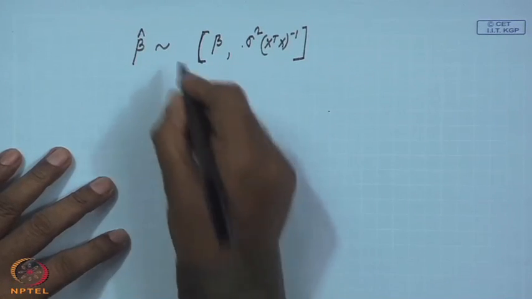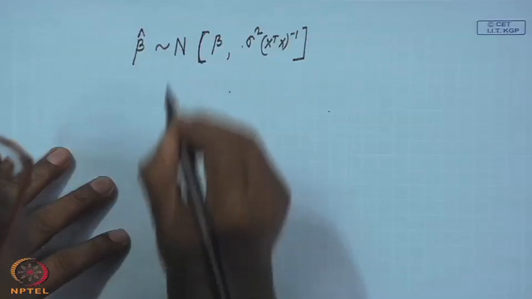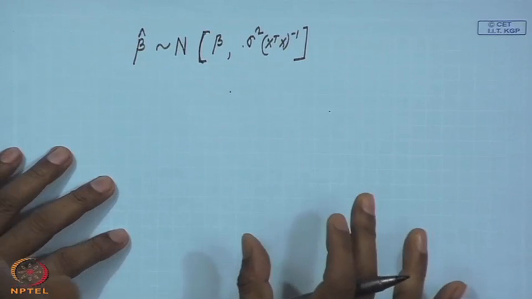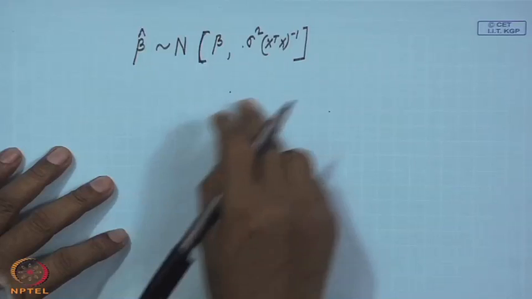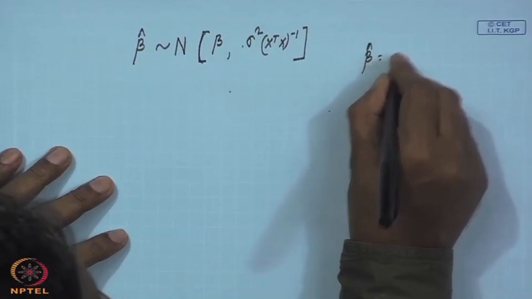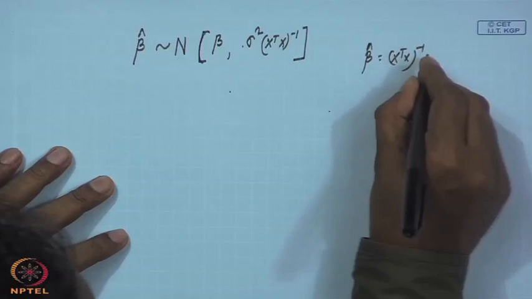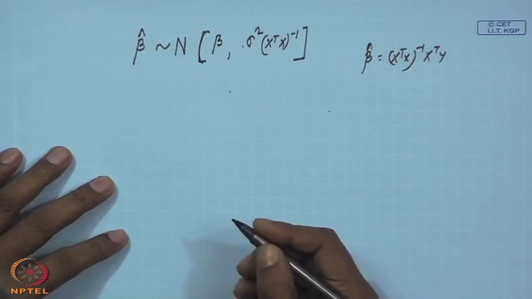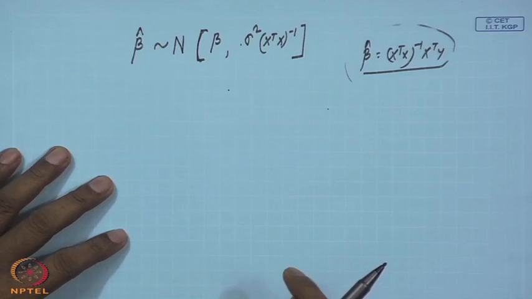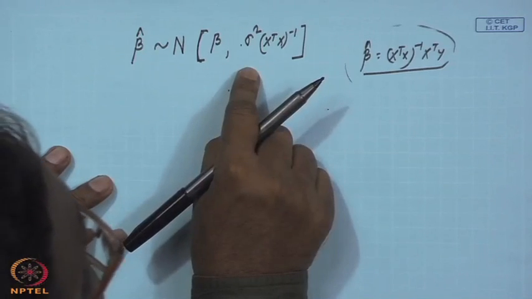What will be the distribution? Its distribution will be multivariate normal. This is the assumption. We have started with the data coming from multivariate normal, and the way you have estimated beta cap is x transpose x inverse x transpose y. So, here because of this multivariate normality assumption, this will also become multivariate normal.